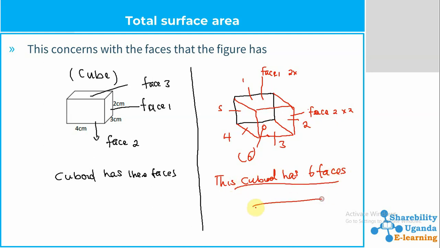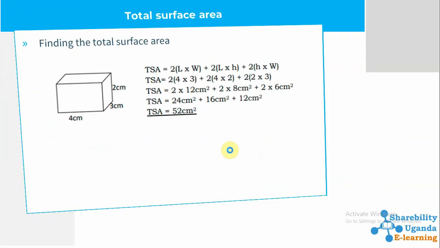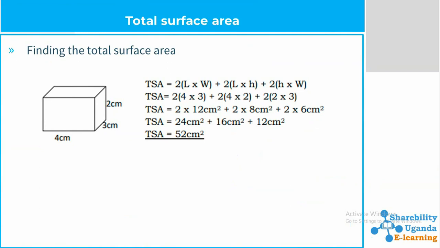Now when it comes to solving the total surface area, it depends on how many faces that cube has. That's when we can solve out the total surface area of that cube. Let's look at more examples here. This is how we can solve a cuboid.